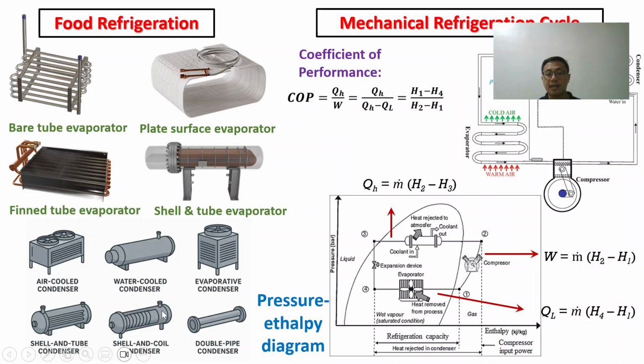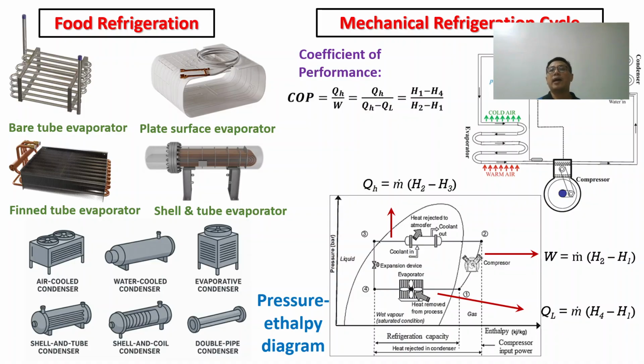We have a coil inside the condenser. Instead of tubes, we have a spiral coil inside. And then the double pipe condenser, the most simple design, right? So these are the six common condensers used in the refrigeration cycle.